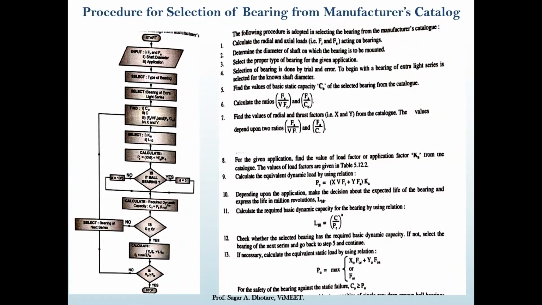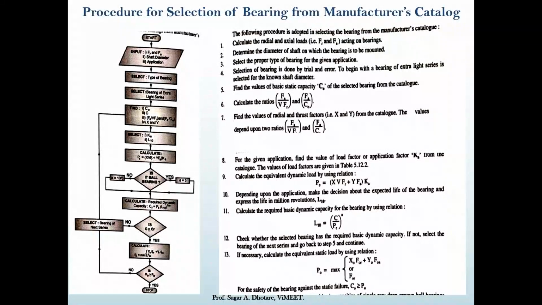Putting all the values into the equivalent dynamic load equation, you can directly find the equivalent dynamic load. Based on that load, you can find the expected life of the bearing in million revolutions, and after calculating the million revolutions, you can find the dynamic capacity.